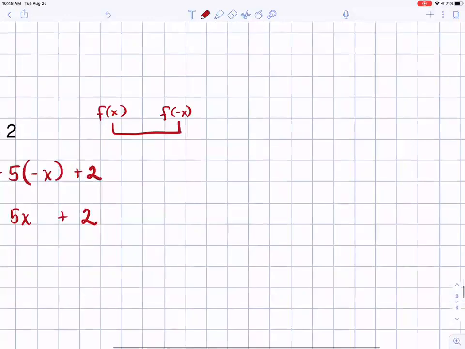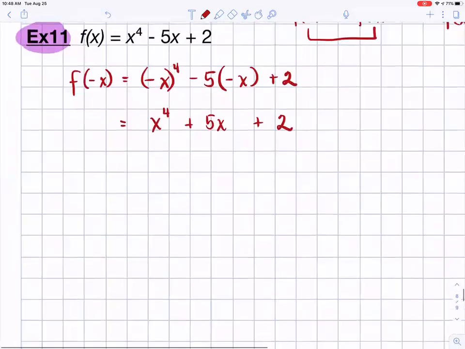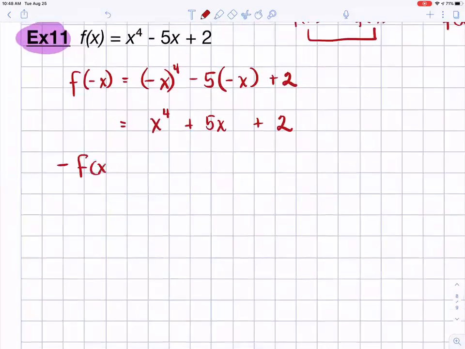So what is the second part of the test? Remember, opposite original. Opposite original. So let's go write the opposite original down. What's the first term going to be in the opposite original? Negative x to the 4th. What's the second term going to be? It's going to be a plus 5x. Oh, we're not looking at the one we just did. You look at the original. It's opposite original. Yep, so go back all the way to the very beginning.